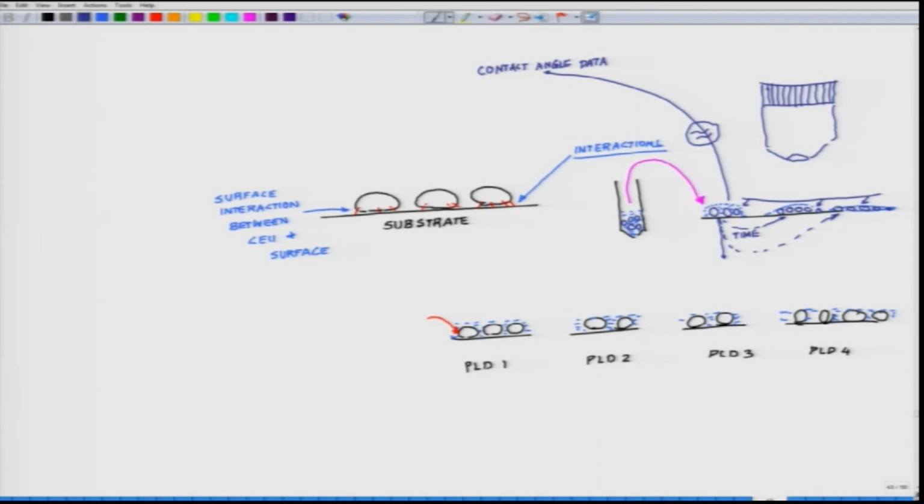Second thing you can do, a very easy way: you take this dish, you wait for say 30 minutes, and then you just slightly tilt the dish. So this is on a dish, and you just change the angle to something like this. Of course, you haven't yet filled the medium.